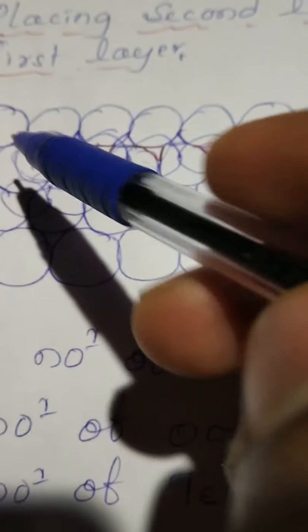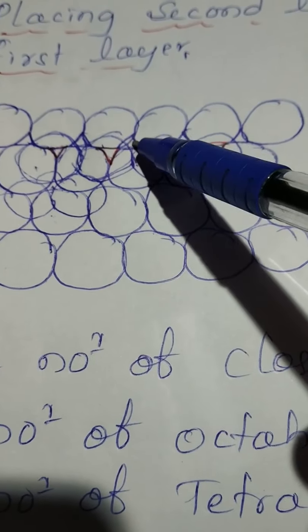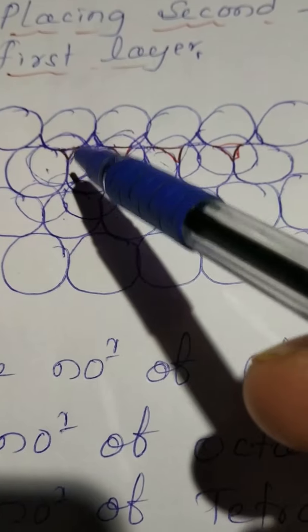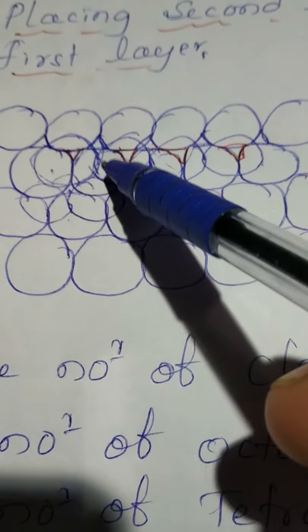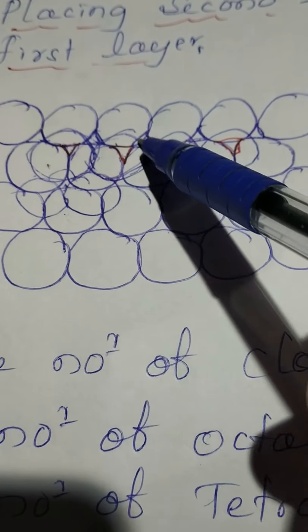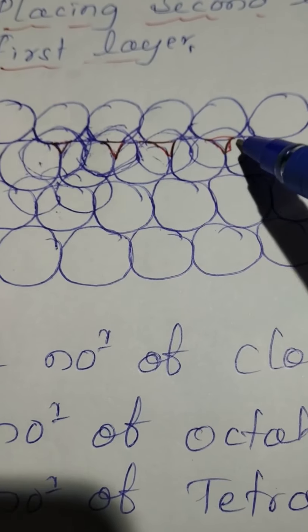Just see here, I have not covered these voids with the second layer, but by putting the second layer, the spheres of the second layer are covering the triangular voids whose apex is pointing downwards.